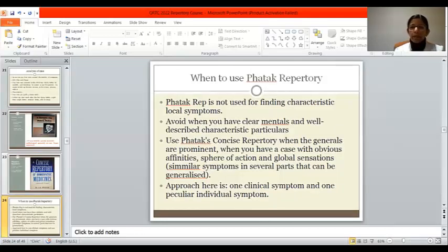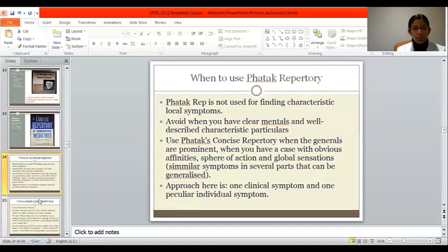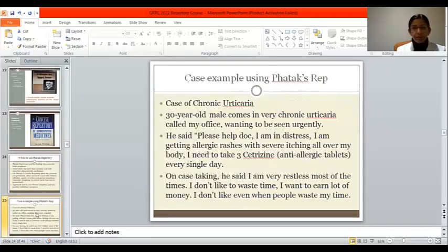When you have a case with obvious fear of action, global sensations, similar symptoms in several parts that can be generalized. Approach here is one clinical symptom and one peculiar individual symptom. So if you have just one clinical symptom and at least one peculiar individual symptom, you can use Phatak's repertory.